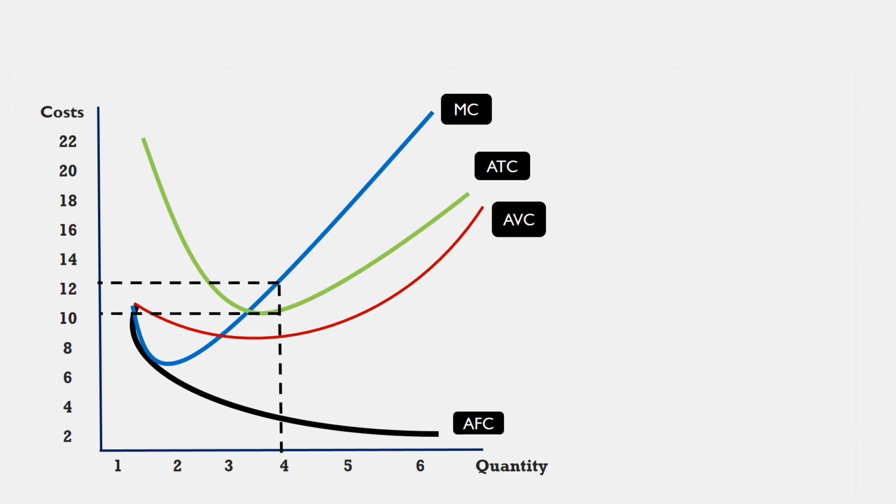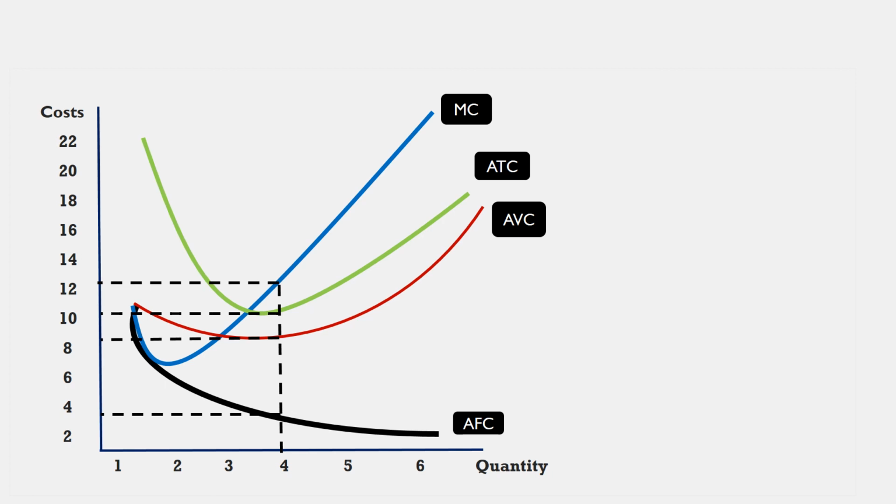So your average total cost is 10. What about average variable cost? It's 8. And average fixed cost, it's somewhere between 3 and 4. Let's consider it 4.